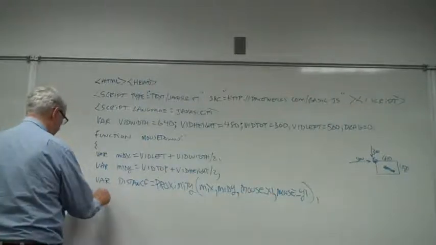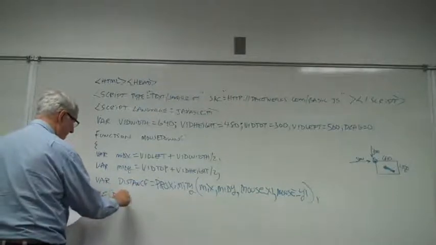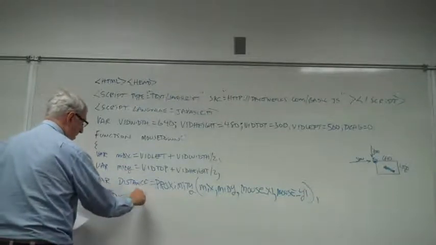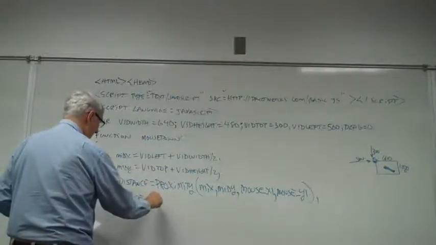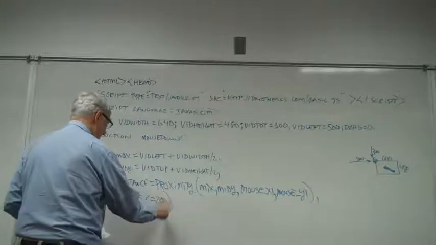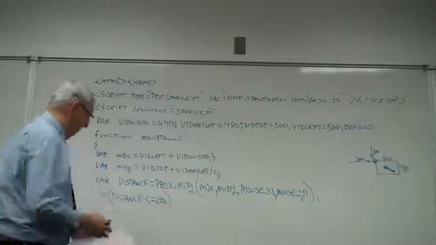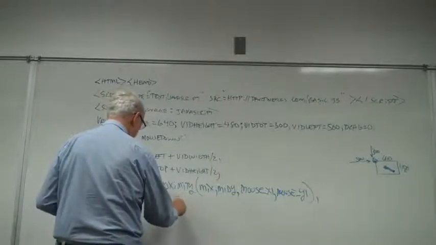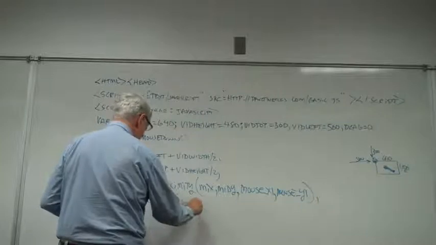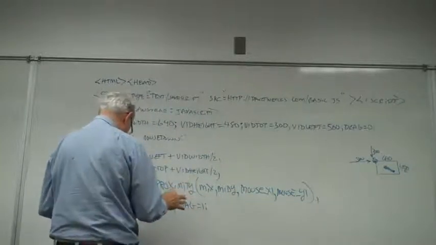So I say if distance, that distance right there, is less than or equal to 200, that's just arbitrary. I said, if I'm within 200 pixels of it, grab it. That's just what I'm saying arbitrarily. Then I say, okay, drag equals 1, because I'm going to turn on the drag. That means I now have a hold of the thing.